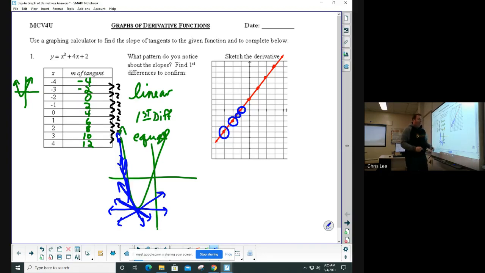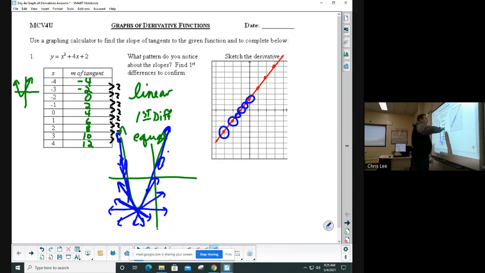but not very steep. So that's why the graph is up here, starting at the positives, but not very steep. And then eventually it starts to get steeper. So at this point, right there, it's got a steepness like that. And then what happens to the parabola? It keeps getting steeper, steeper, steeper.